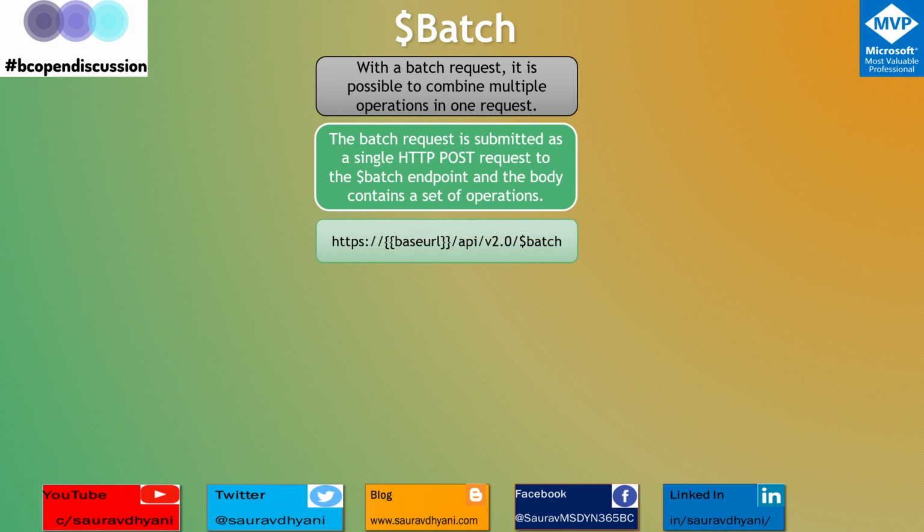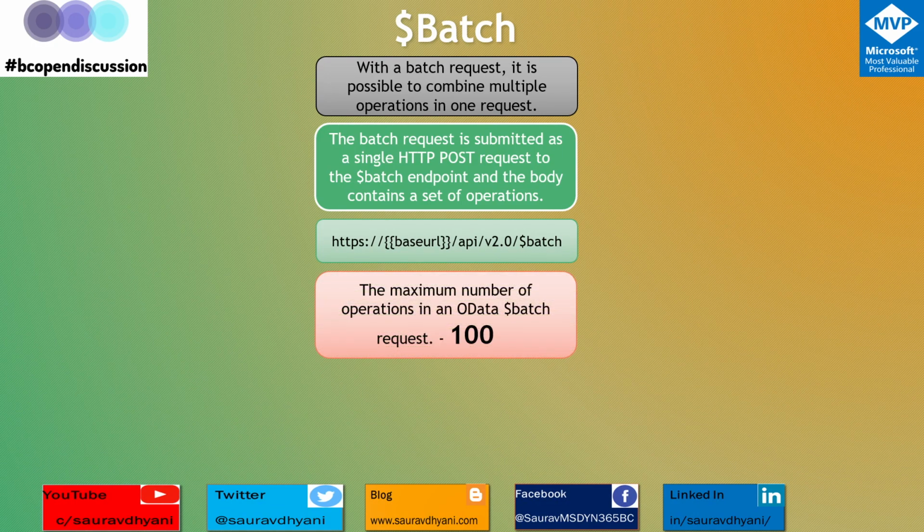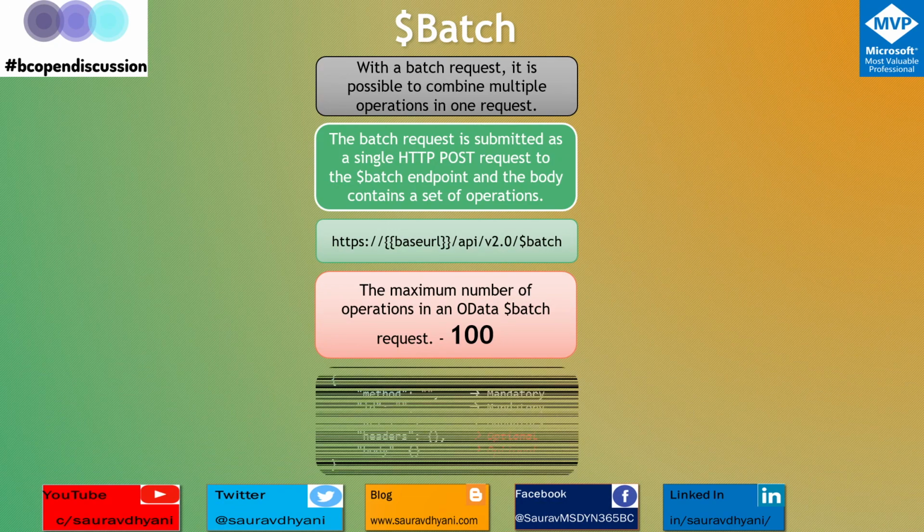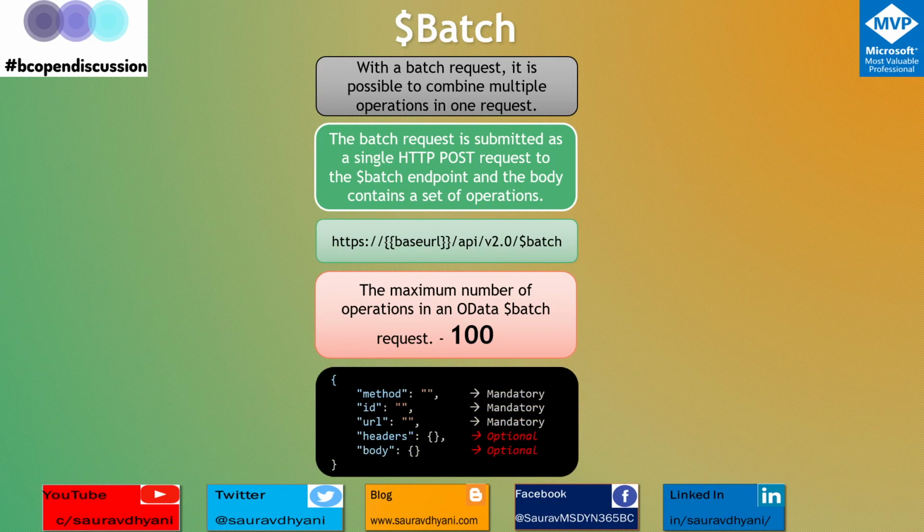The format that is supported is your base URL and then API version 2.0 $batch. And the maximum number of operations that you can do in an OData $batch request is limited to 100. And there are 5 parameters, out of them 3 are mandatory and 2 are optional, where you can define the method type, the ID, the unique identifier, the URL, and the header and body. So hopefully you understand what a batch request is all about in Business Central APIs.